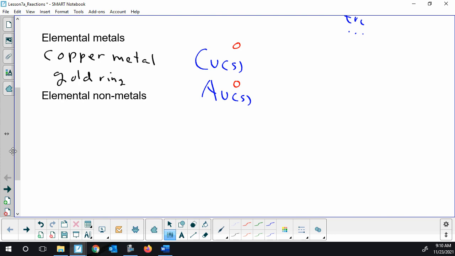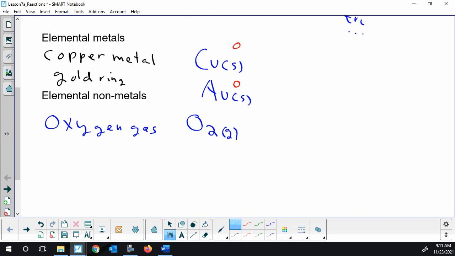Elemental non-metals. So if you have just some non-metals by themselves, you have just nitrogen, just oxygen, just chlorine. One you're going to see a lot is oxygen gas, maybe written in words. A whole bunch of the non-metals come in pairs, and oxygen is one of them.